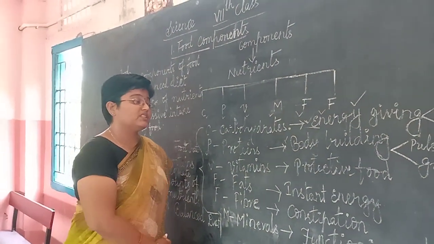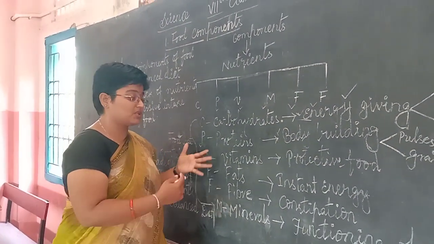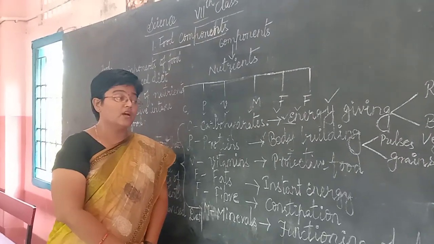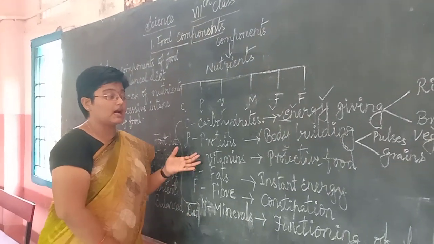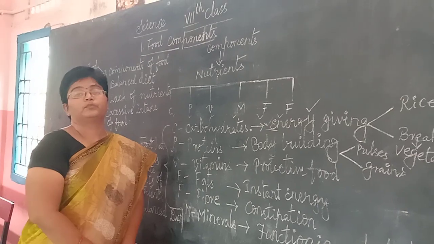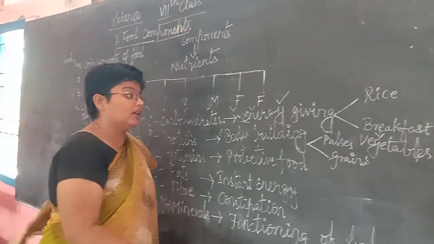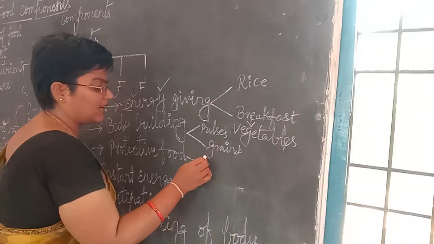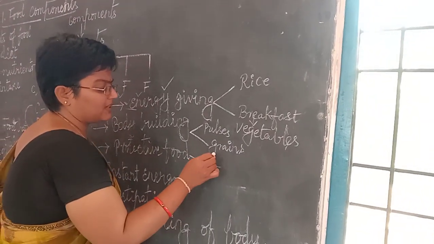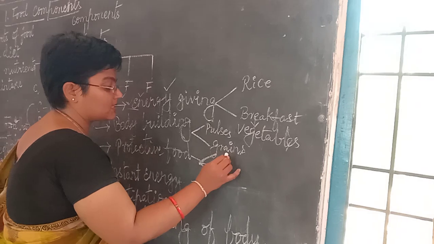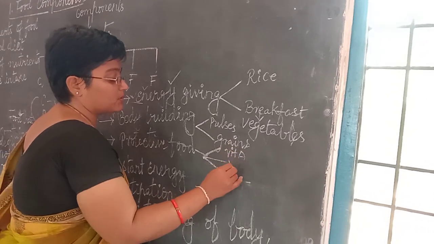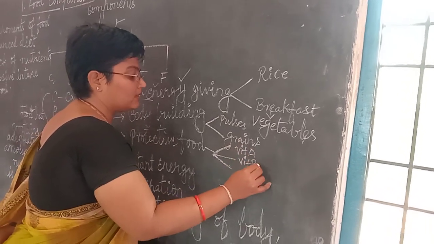Then what about vitamins? What important role do vitamins play in our food? Vitamins are the protective food. They maintain our body. We have come across different kinds of vitamins in our previous class, such as vitamin A, vitamin B12 and so on.